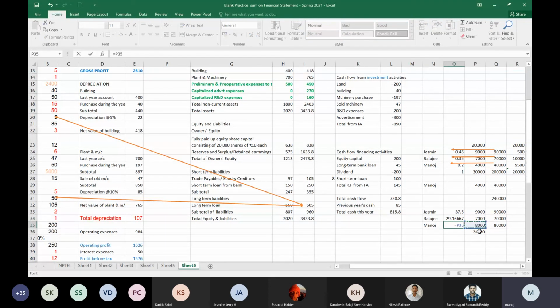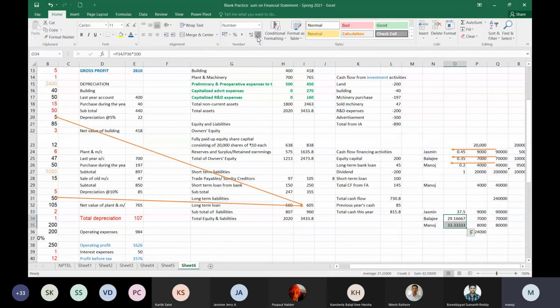I receive 8,000 divided by 24,000 into 100, so I get 33%. Get this? Just reduce that. So that is how the percentage goes up and down.